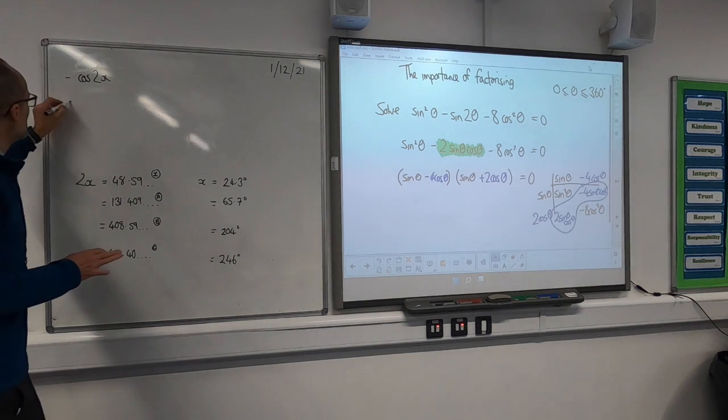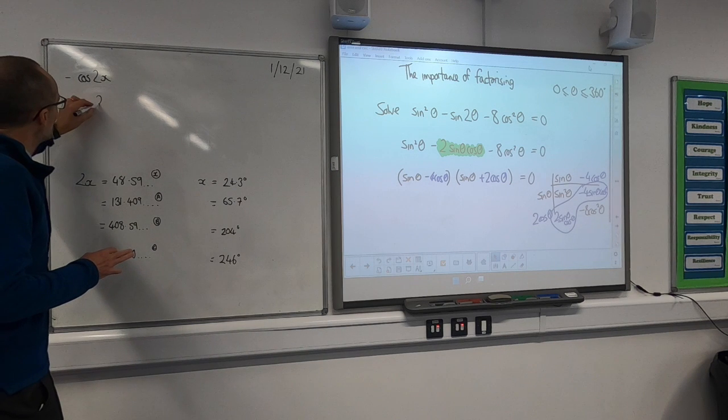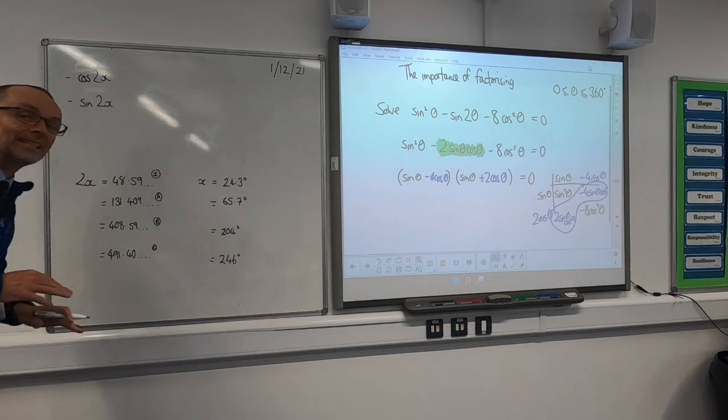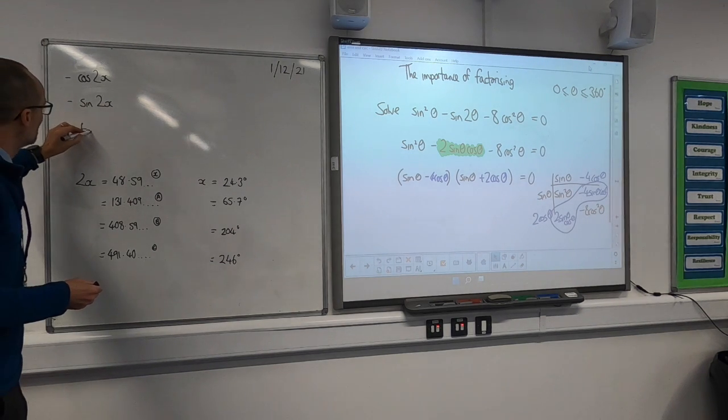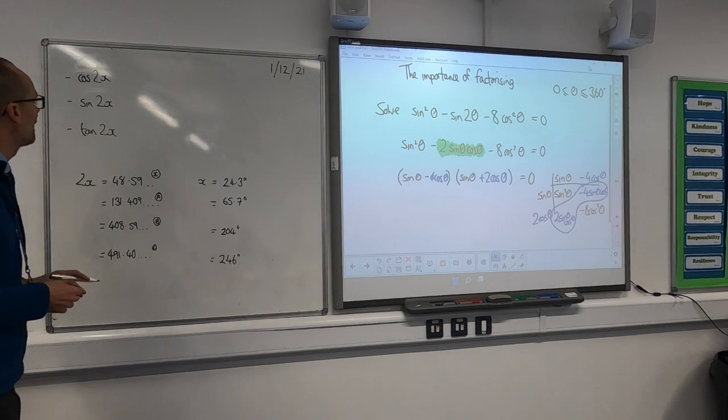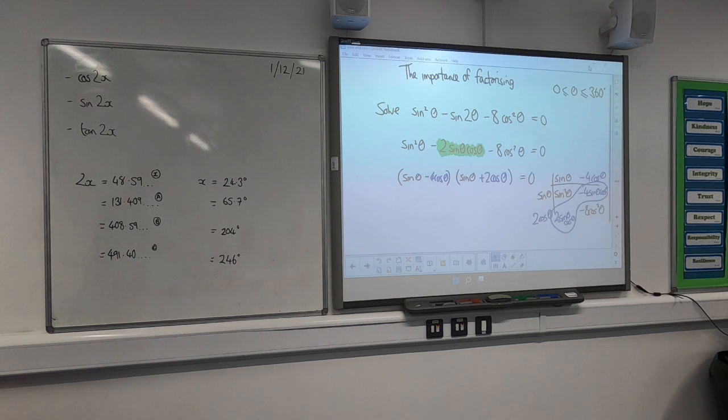We've looked at questions where we're replacing sine 2x, and that nearly always results in factorising. But we've also just been reminded about examples where you go back to sine 2x. We did a couple of tan 2x examples yesterday. So we've got pretty good coverage of the identities.